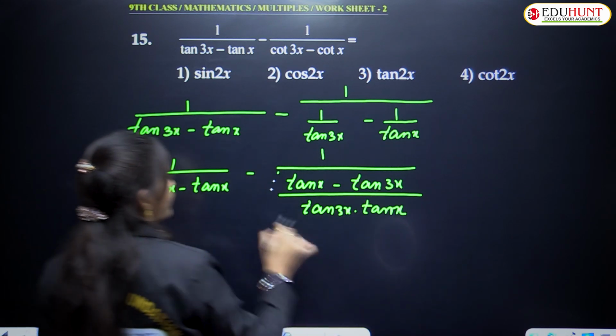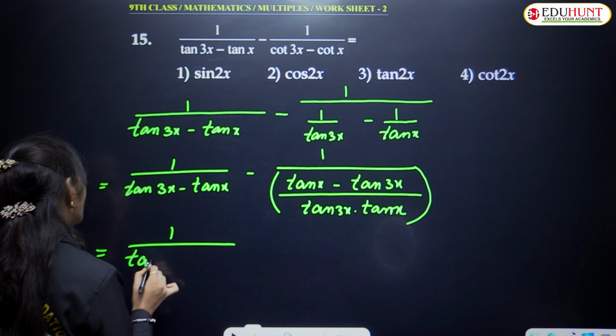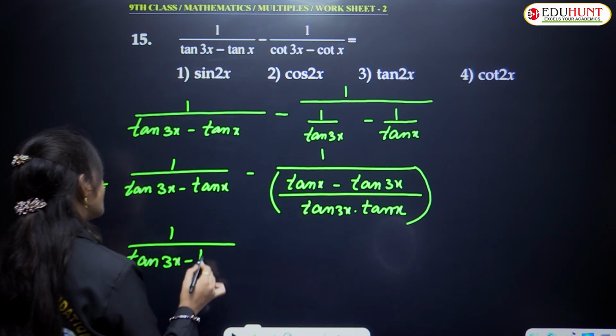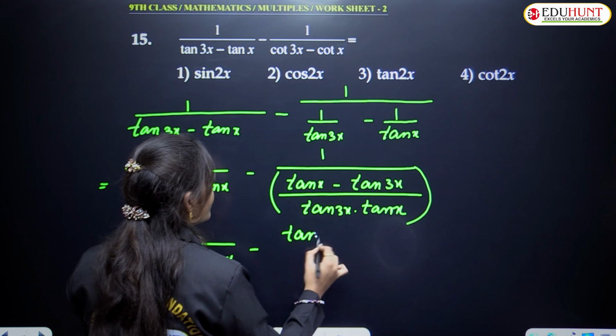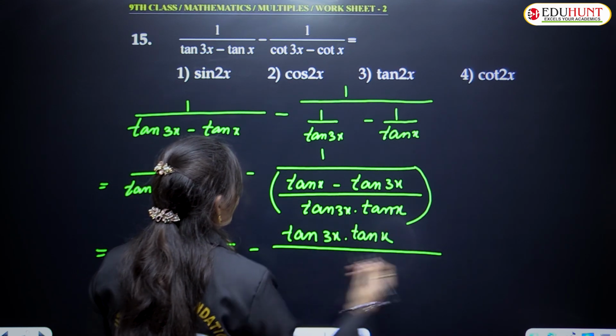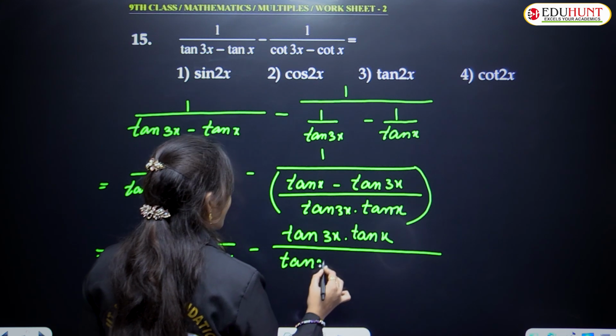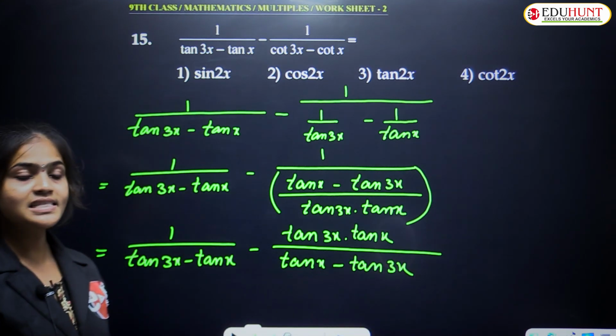Clear? Now here in the denominator we have a fraction, no? So that becomes a reciprocal. So tan 3x minus tan x, minus, in reciprocal, tan 3x into tan x, whole by tan x minus tan 3x.